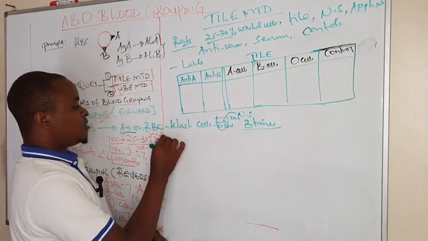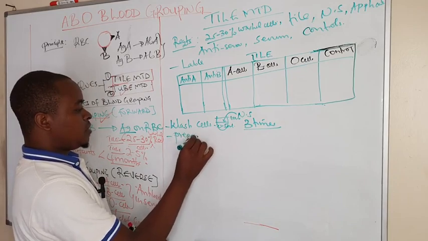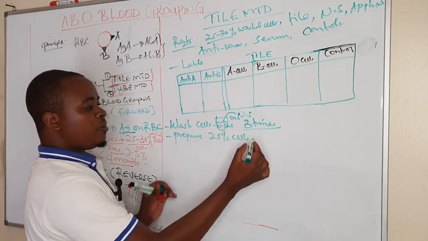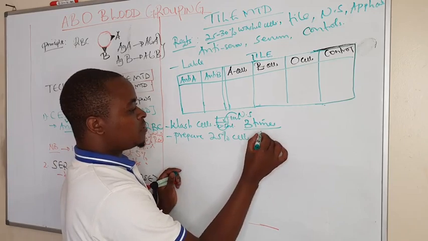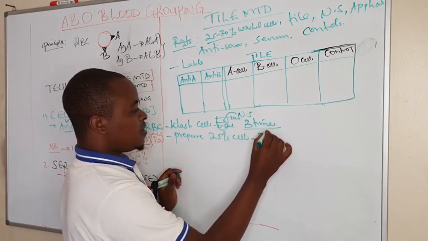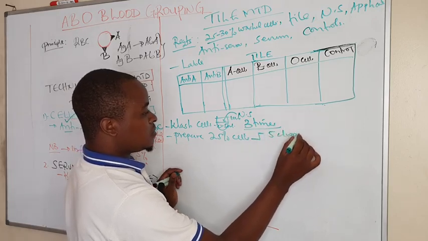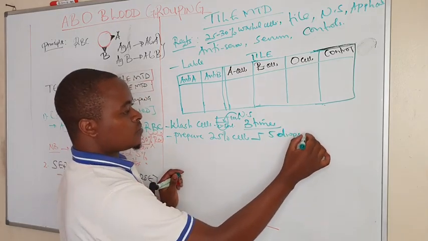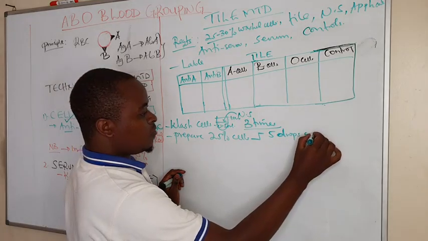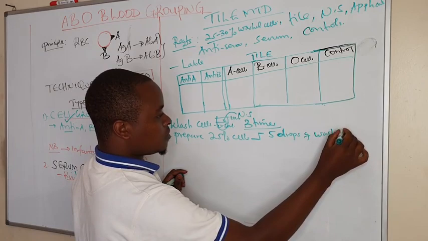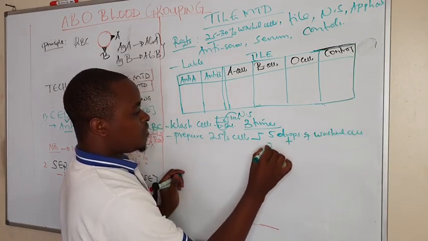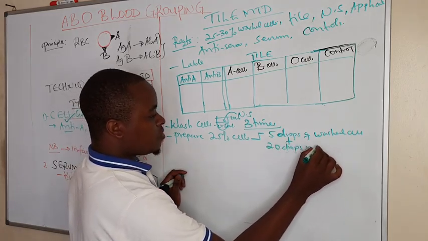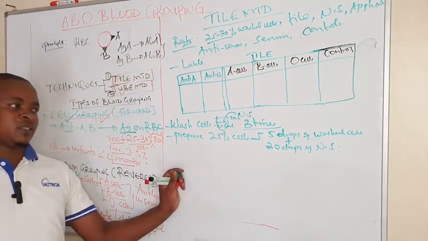After obtaining cells, we are going to prepare the percentage. You prepare 25% cells. And how do you prepare this? You put 5 drops of washed cells and you add 20 drops of normal saline, that is 0.9% normal saline.